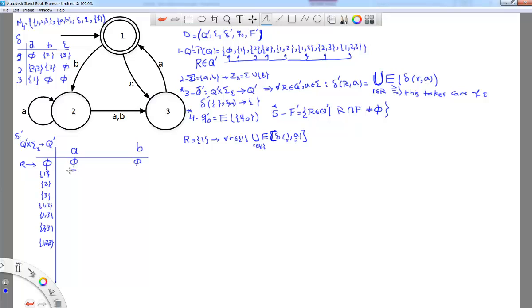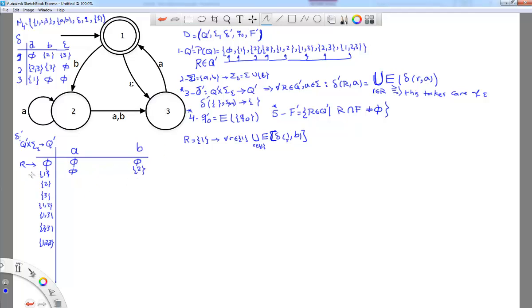So 1 and A will go to the state with the empty set. Now, that's for A. Now let's see what's going to happen with B. State 1 with B goes to state 2, and therefore the delta prime here is going to be state 2.